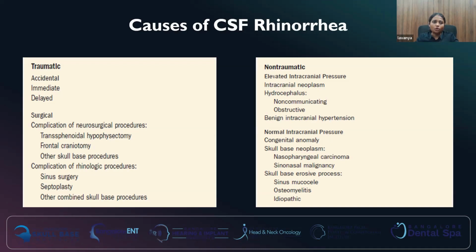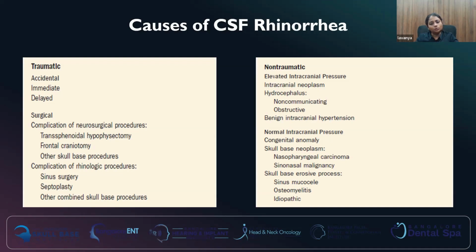When we are looking at non-traumatic causes of CSF Rhinorrhea, there generally is an elevated intracranial pressure. This could be because of an intracranial neoplasm. It could be hydrocephalus. In hydrocephalus, both non-communicating and obstructive hydrocephalus can cause increased intracranial pressure leading to CSF rhinorrhea. One of the more important conditions that we will be discussing in more detail is benign intracranial hypertension.